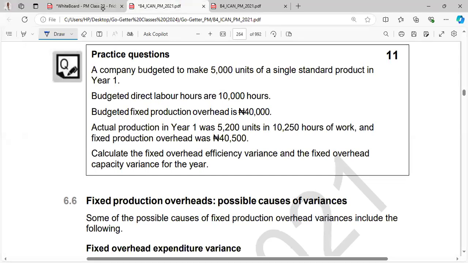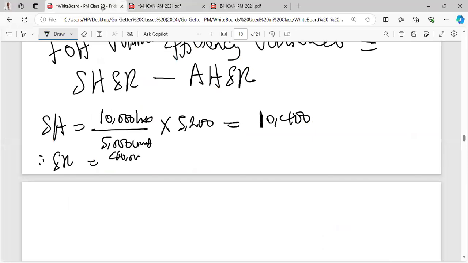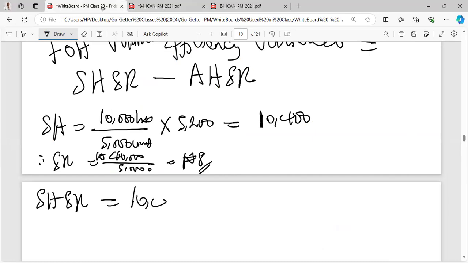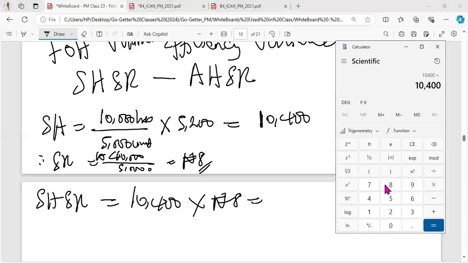So it means 40,000 naira divided by 5,000 units. 5 times 8 is 40. So this is the standard rate. Therefore, standard hours, standard rate is 10,400 times 8 naira. 10,400 times 8 gives you 83,200.